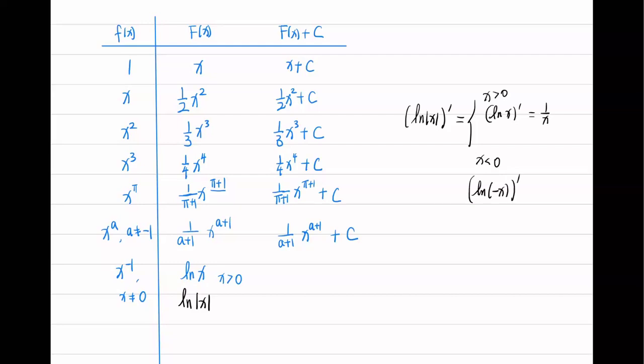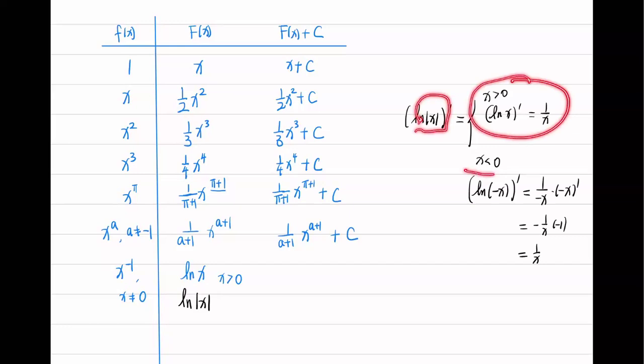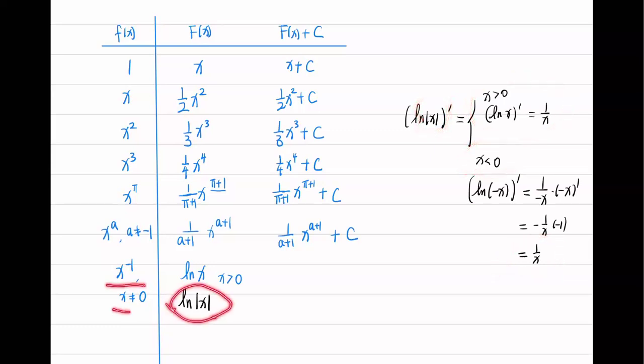When we take a derivative, we apply the chain rule. So it's 1 over negative x, times the derivative of negative x. Okay. So this function, the logarithm of the absolute value, on the positive domain has derivative 1 over x. On the negative domain, it's again 1 over x. So over here, we have the antiderivative on the whole domain, when x is not 0.